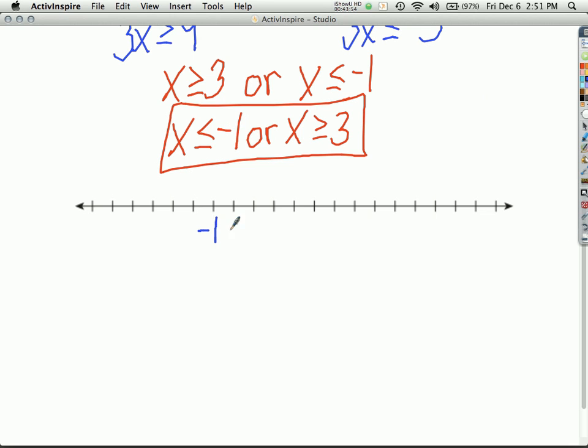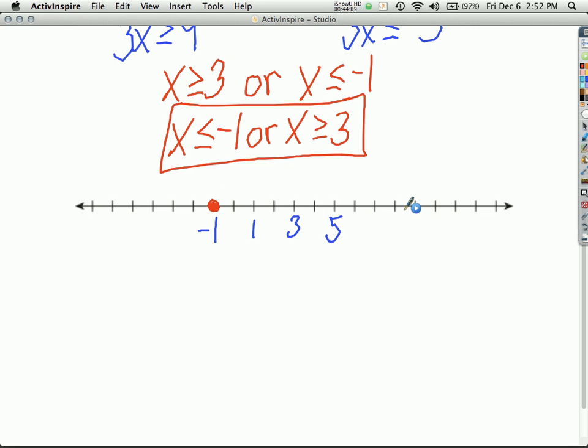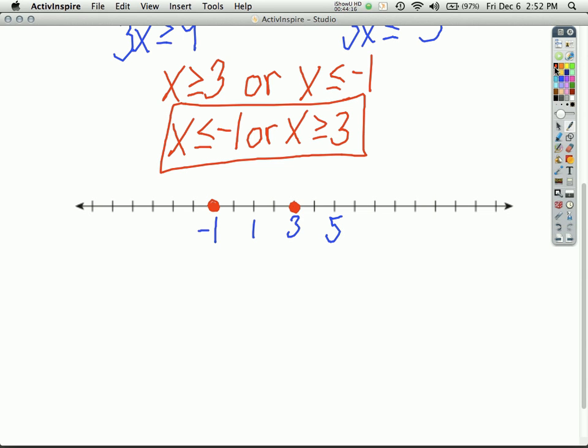Negative 1, 0, 1, 2, 3, 4, 5. And now I'm going to have a closed circle on the negative 1, a closed circle on the 3, and now I'm shading the opposite ends, the outsides, just like Catalina had said earlier.